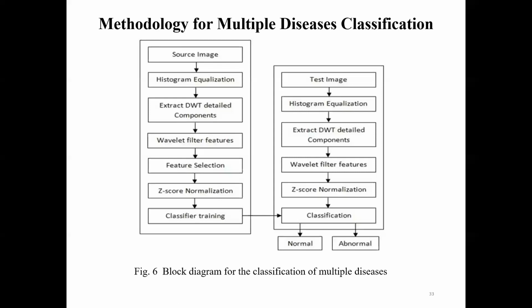Normally the biomedical images suffer from low contrast. So in order to spread out the intensity of the image throughout the dynamic range evenly, we may go for a technique called histogram equalization. And then we want to extract the DWT detailed components, as we discussed, the discrete wavelet transform.